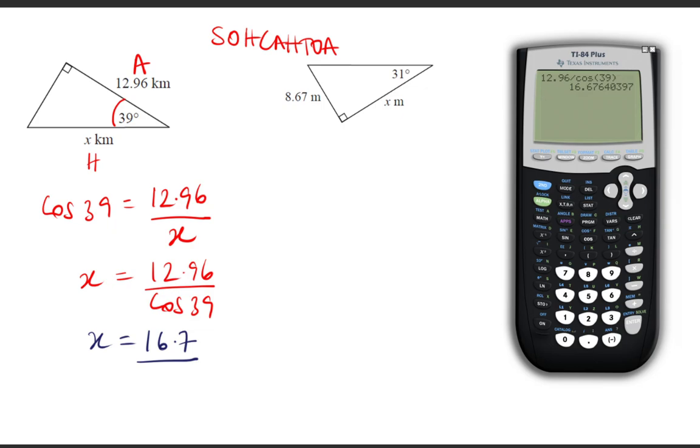So basically in this one, here's my angle. This is the opposite. This is the adjacent. So we know it's a tan question. So again, I'm going to need to swap these two over, just rearrange the equation basically.